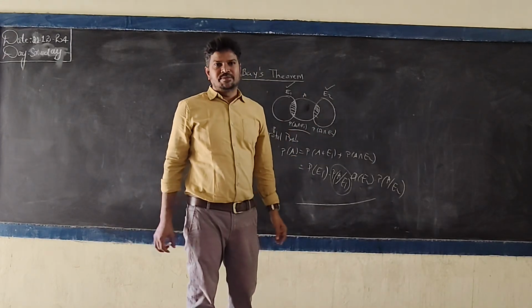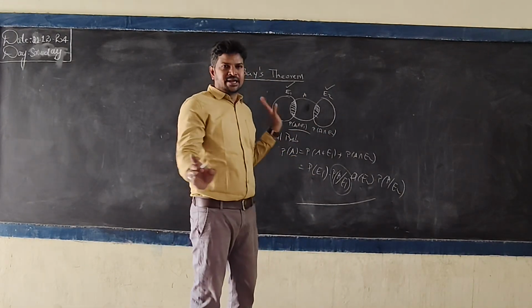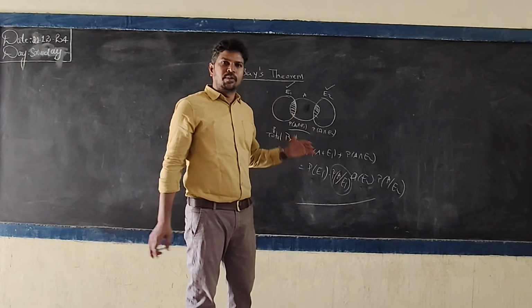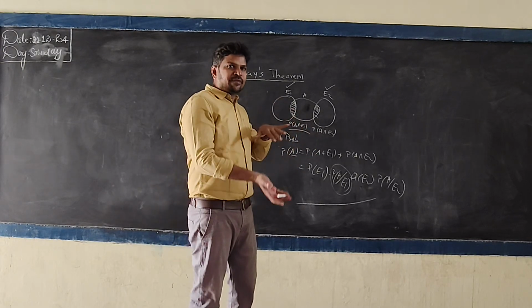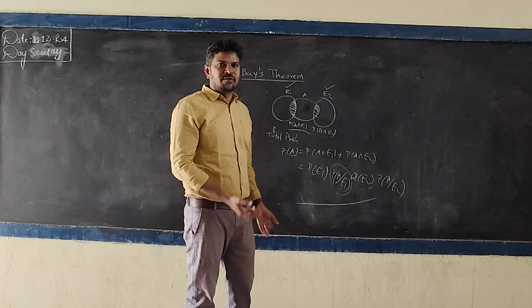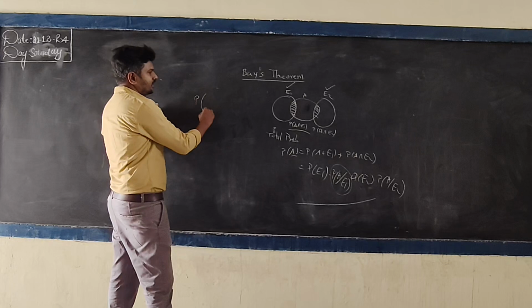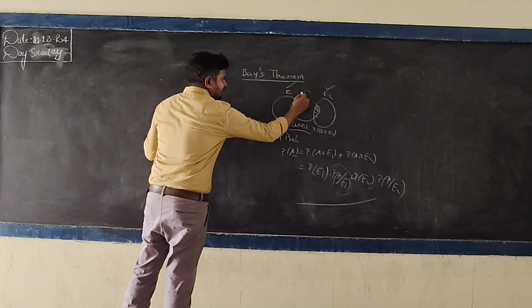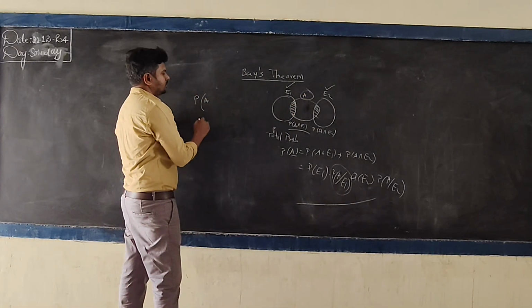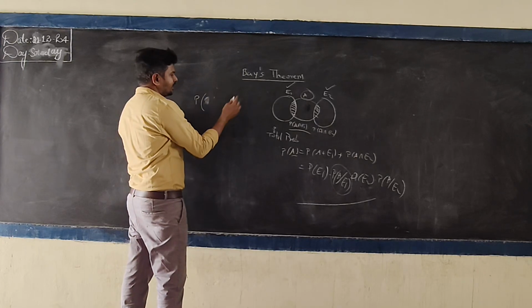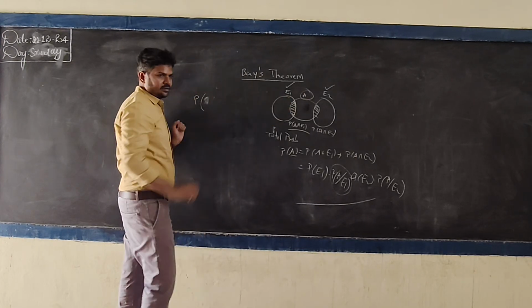Now the Bayes principle comes in. Once this has been done, the total probability has been calculated. It's now the reverse application of the problem. What is the occurrence of A from E1?